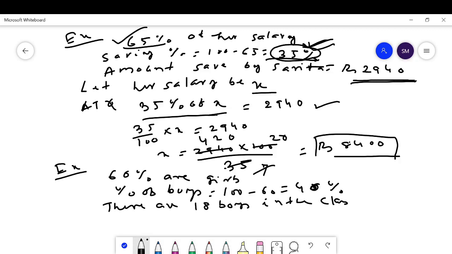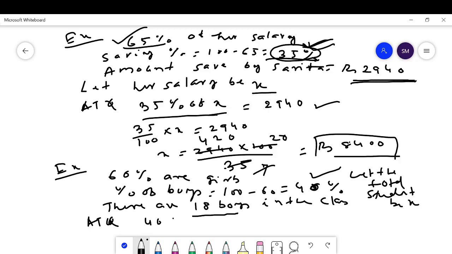Here 40% are boys and we found that 18 are boys. This means according to the question, let the total students be x. Then according to the question, 40% of x is equal to 18.